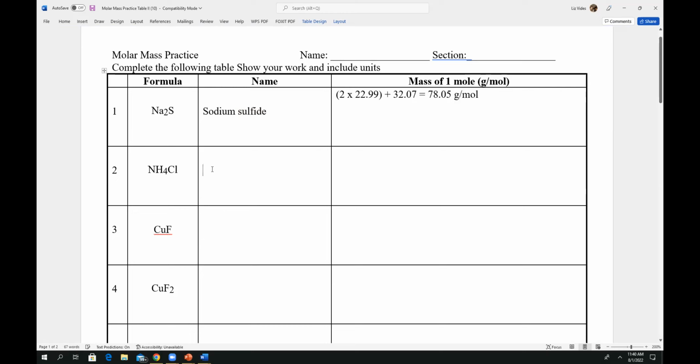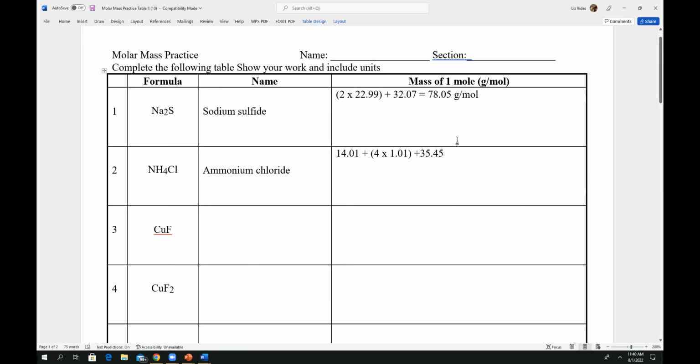Okay, so this one is ammonium chloride. Okay, so for this one, you're going to have to tally 14.01 from the nitrogen plus, you got 4 times 1.01 from the hydrogen. Oops, I said plus and I put equal. Plus, sorry. Okay, and then you got another plus, because we still have chlorine, right? Which is 35.45.